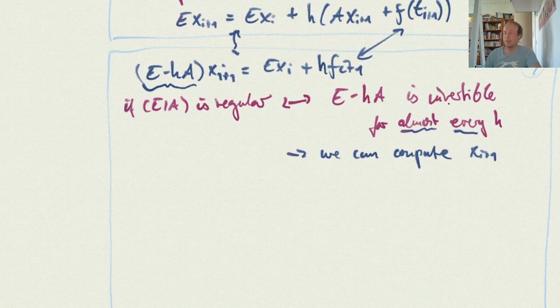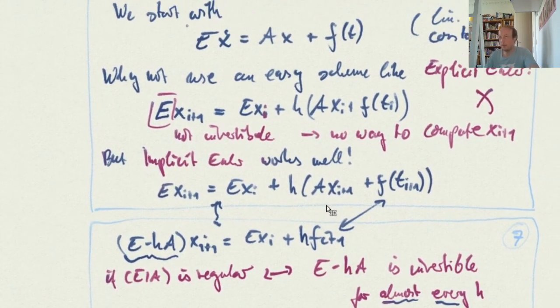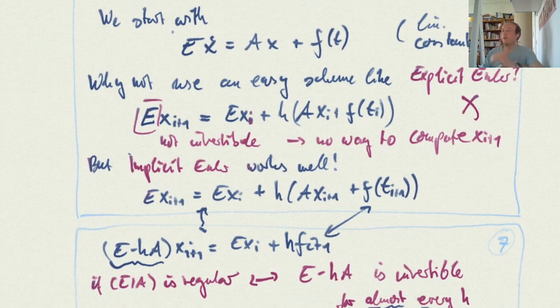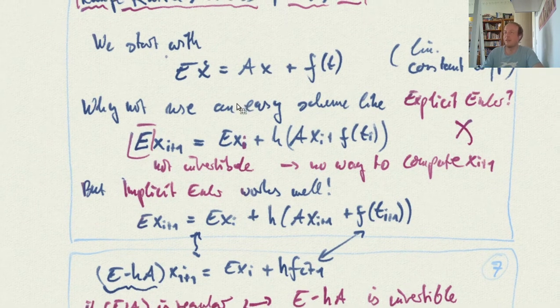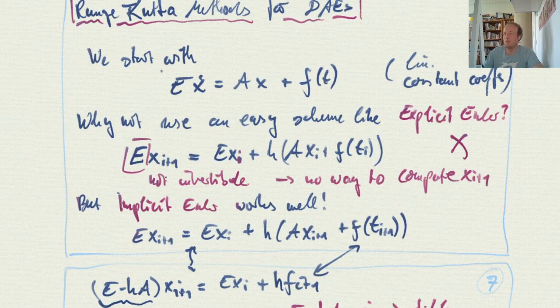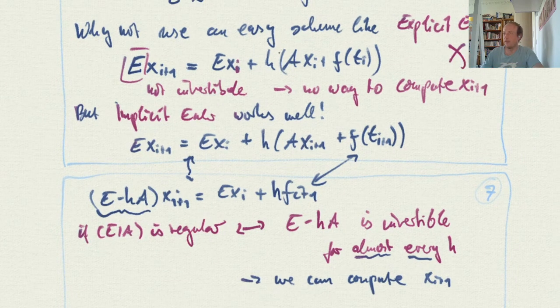And well, this now was just a little warm up to tell you, first of all, how to apply a Runge-Kutta method, or in this case a very easy scheme, for a DAE. Well, just basically add the E matrix. Other thing to take away, that the explicit Euler scheme does not work, and I will show you in a second that this is true for any explicit scheme.